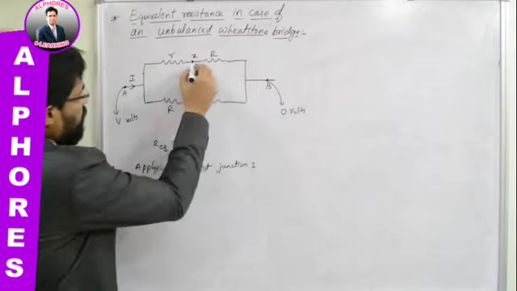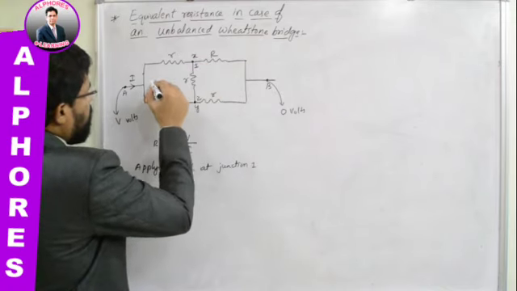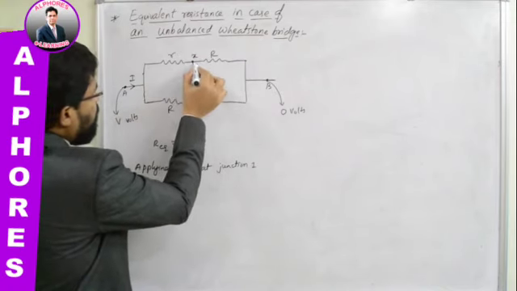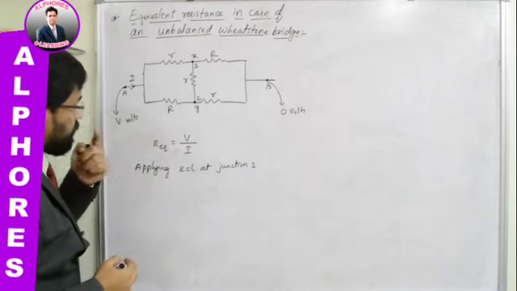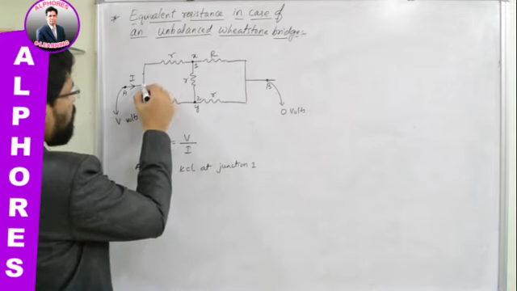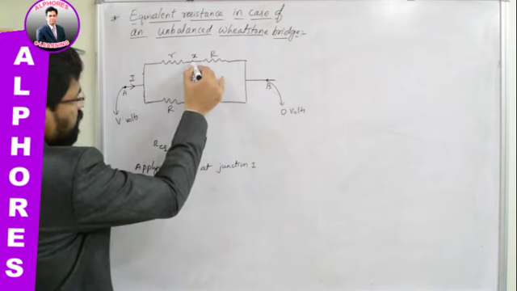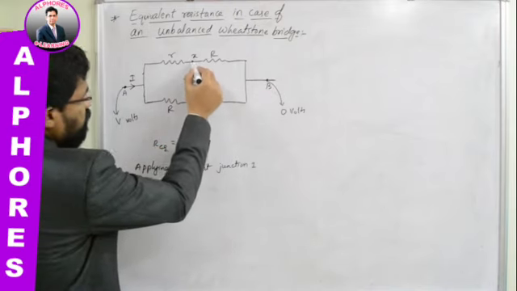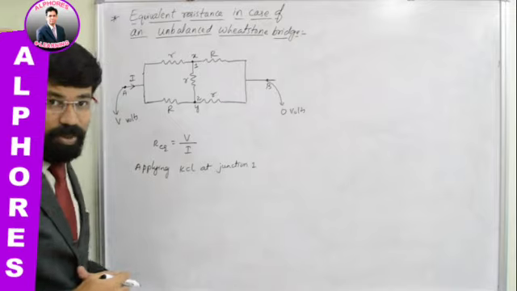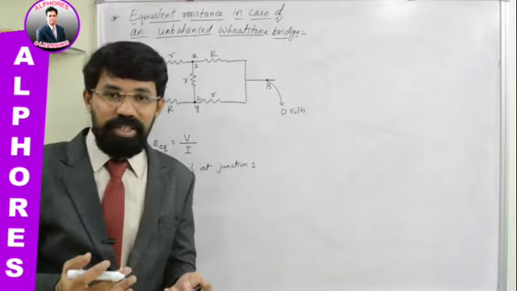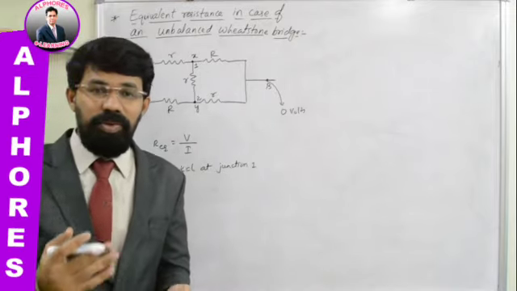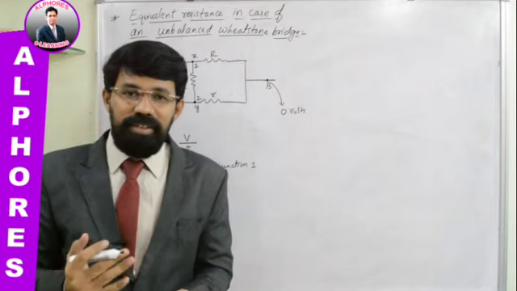Let us try to write the current entering into this junction. Here current is possible between point A and this point, through this resistor, and through this resistor also. According to Ohm's law, current is equal to potential difference by resistance.